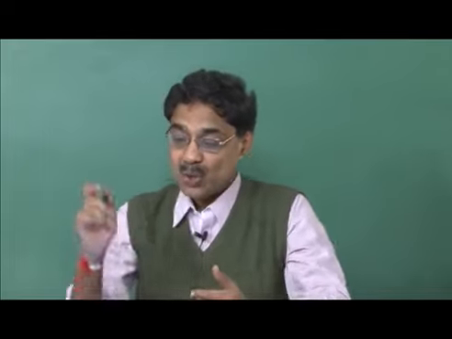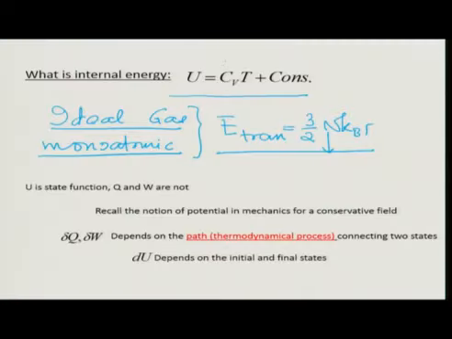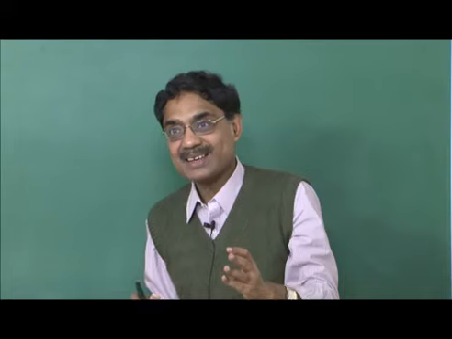So, what is internal energy? Internal energy is equal to this form, which I will not prove probably, but I expect because of this analogy, it is CV T plus a constant for ideal gas. And you know CV has the information whether the ideal gas is monoatomic, diatomic or polyatomic.